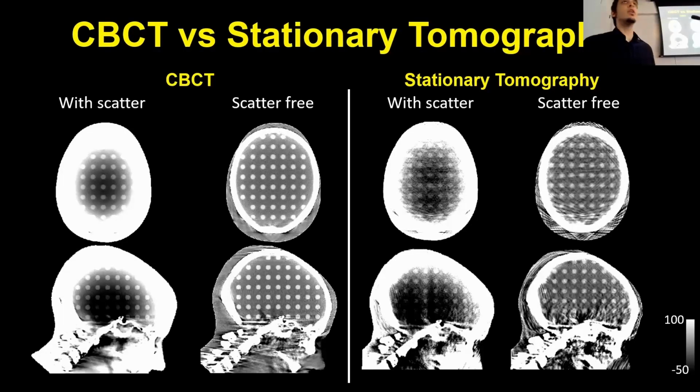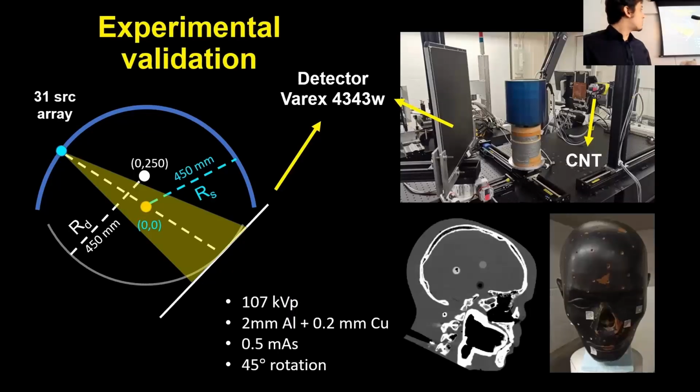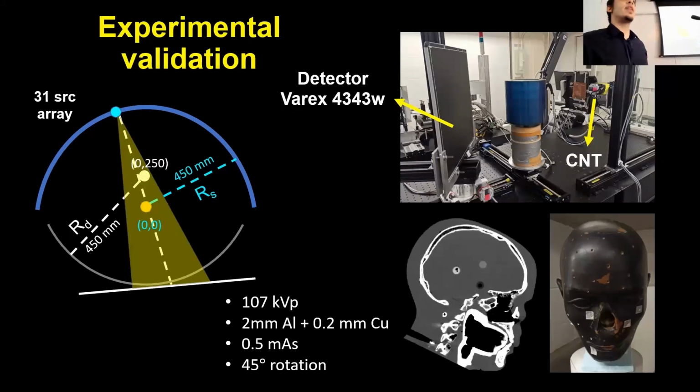So once we have done all of this and achieved a desirable configuration, we tested our simulations in bench studies. So far we don't have the curved detector, so we were mimicking the curvature of the detector using a flat panel. For each one of the source positions, we move the flat panel detector perpendicular to the tangent of the curvature of the detector.